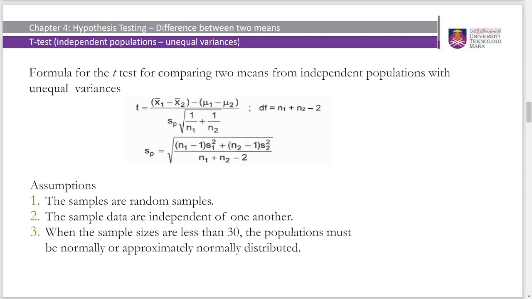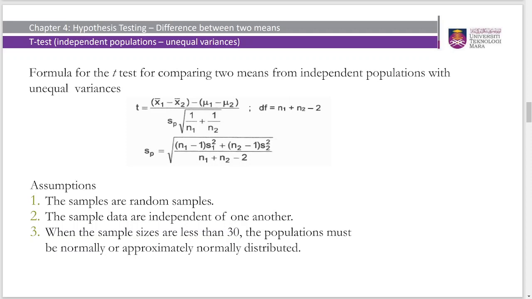Okay, non-parametric test yang tidak ada dalam syllabus kita. However, kalau you menggunakan software SPSS, kalau sebelum ni kita kena guna non-parametric test, tapi kalau gunakan software SPSS, sekarang ni tak perlu guna non-parametric pun boleh juga. Tak ada masalah.